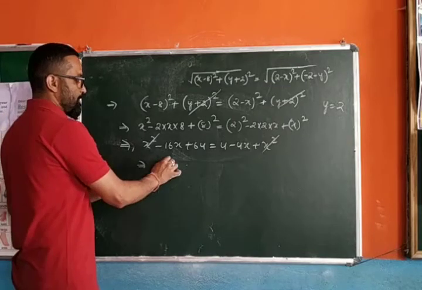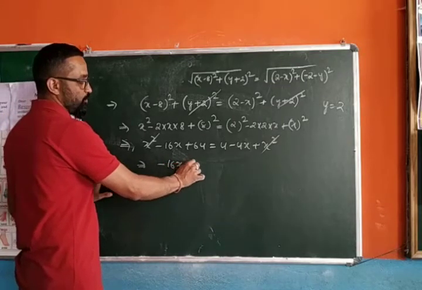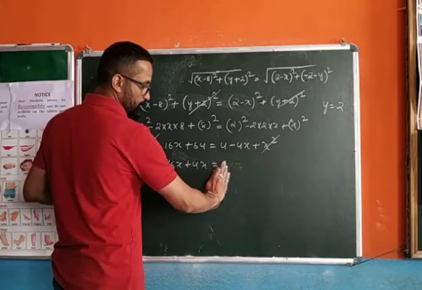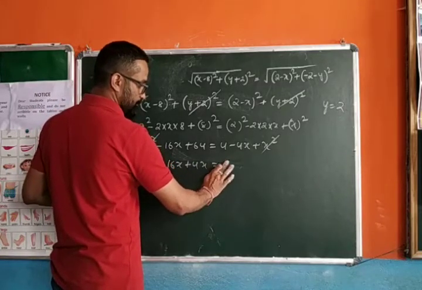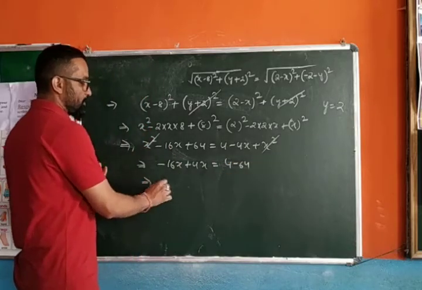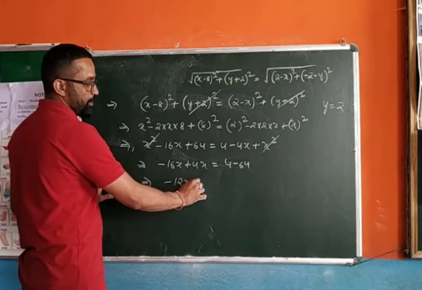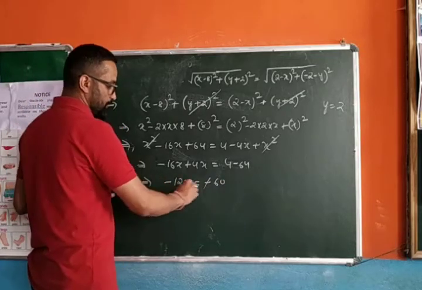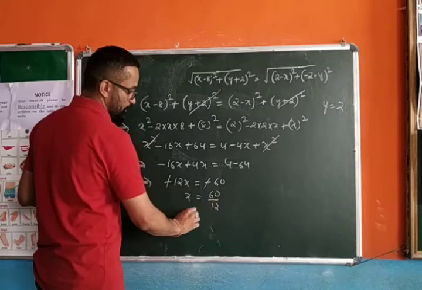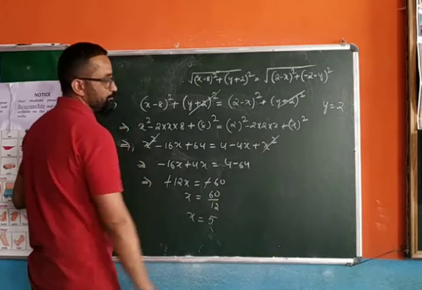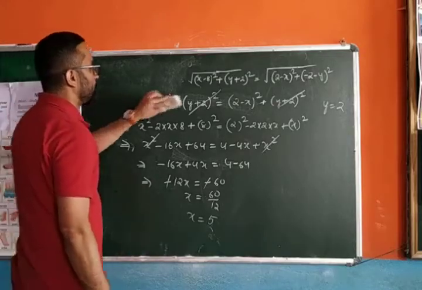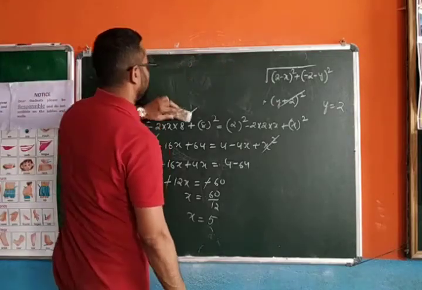Arrange it. -16x plus 4x is equal to 4 minus 64. Subtract, you get -12x equals -60. Cancel, x is equal to 60 divided by 12. x comes equal to 5. This is the calculation for the coordinate of the circumcenter.